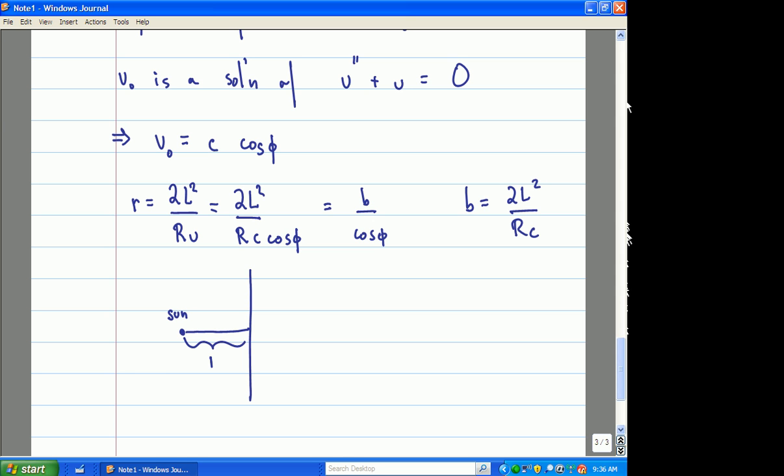It has dimensions of length, and it's the distance of closest approach that this light ray gets to the sun. b is the closest distance that this light ray is to the sun. And in particle physics and gravitational physics, we usually give a name to the distance of closest approach. We usually call it the impact parameter.